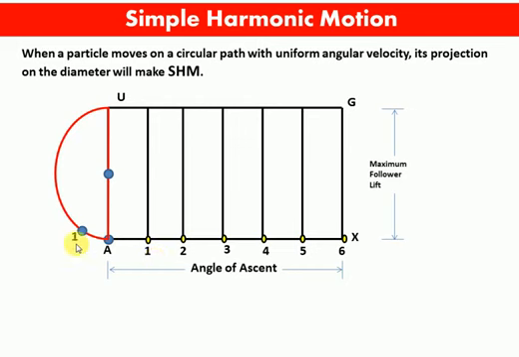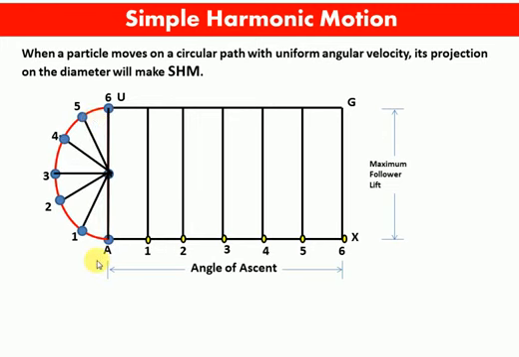Also we will take 6 equal divisions on this semicircle. Clear? We are dividing this semicircle into 6 equal parts, 1, 2, 3, 4, 5 and 6.